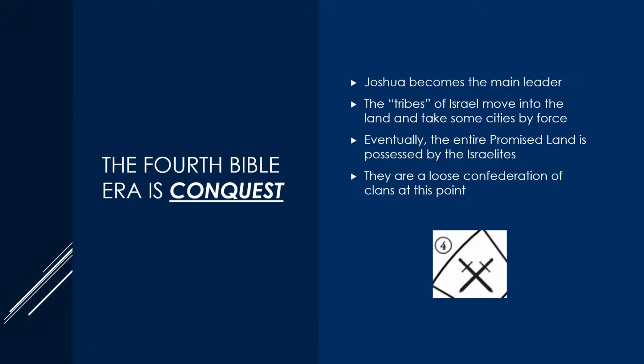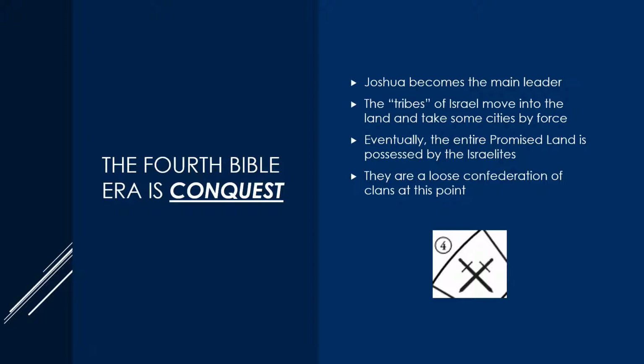Finally, the last part of our session for this week was the fourth period in the Bible, the fourth Bible era, which becomes known as the time of Conquest. That is a picture of two crossed swords on our Ark of Bible History.